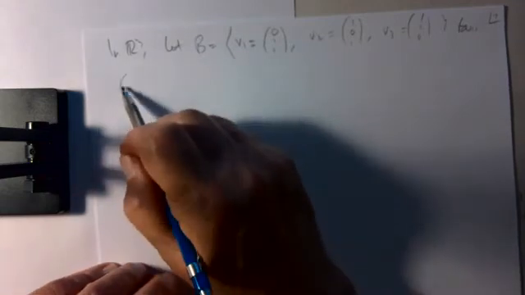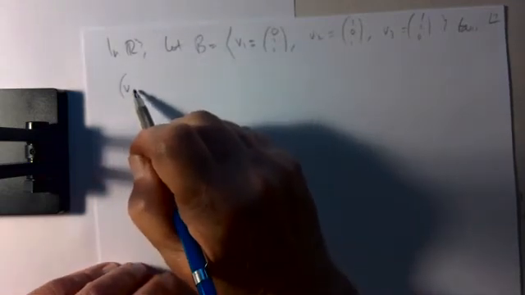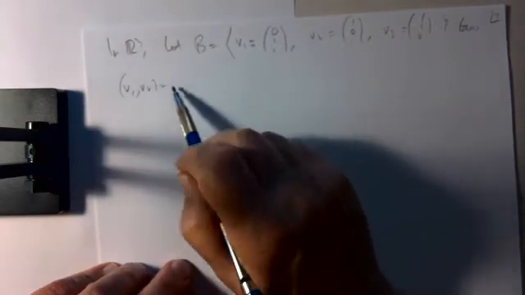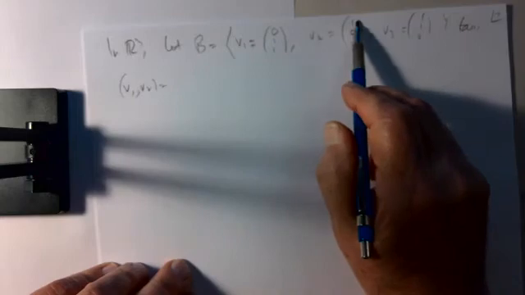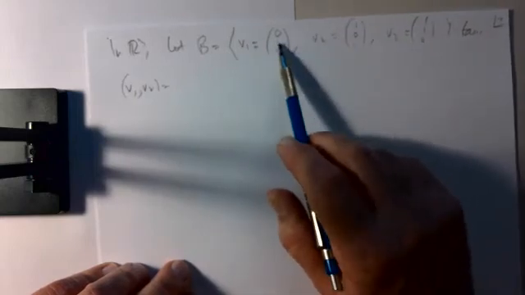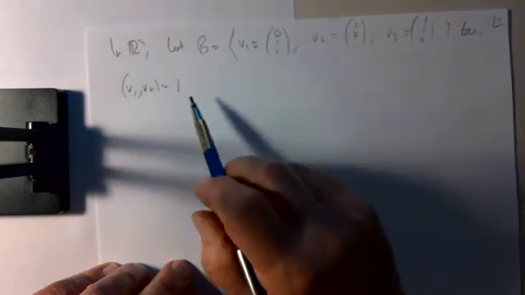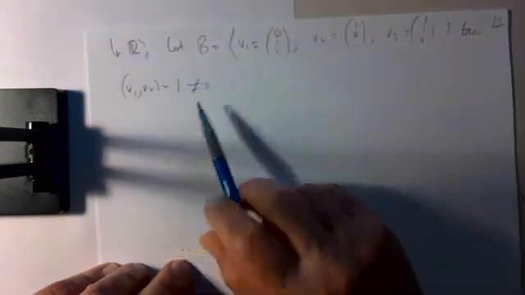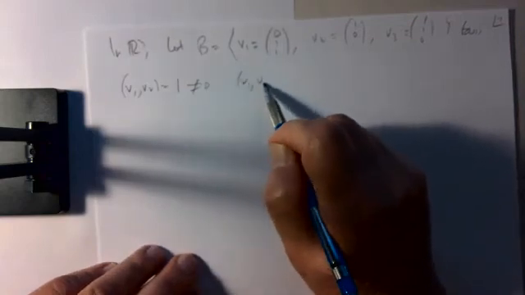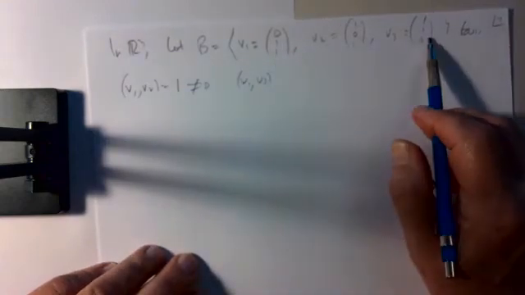But what is the inner product of v_1 and v_2? Well, 0 times 1 plus 1 times 0 plus 1 times 1 is 1. It's not 0. v_1 and v_2 are not perpendicular. What's the inner product of v_1 and v_3?